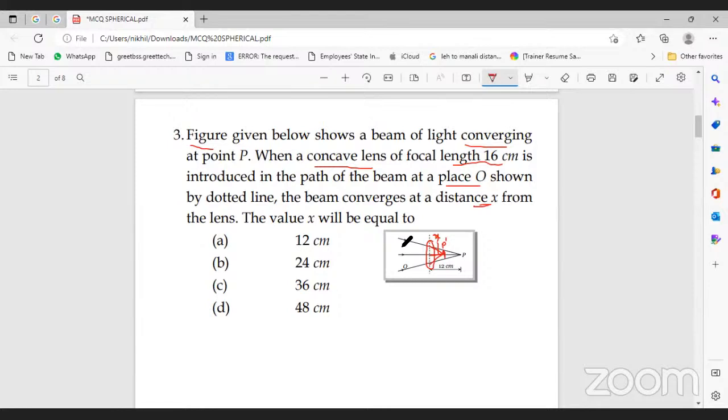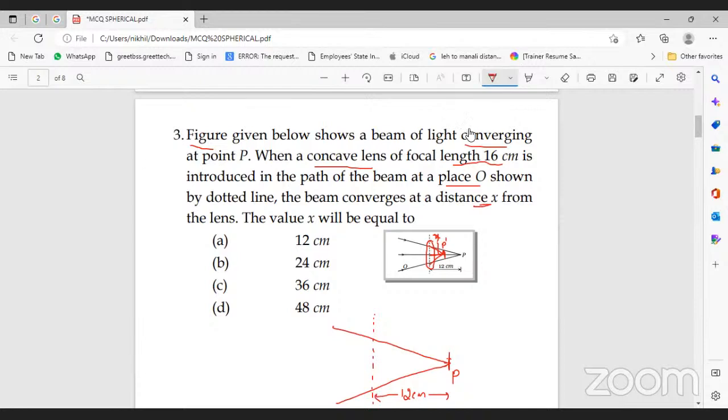If I do not use the lens, the rays are going to converge to the point P. This is the point P. This is the dotted line. What is the distance they have given? 12 centimeters.